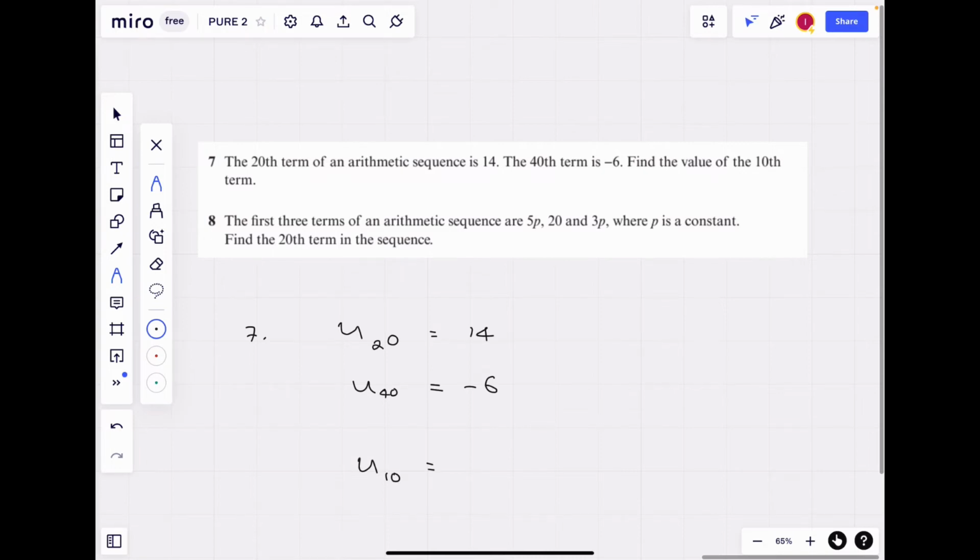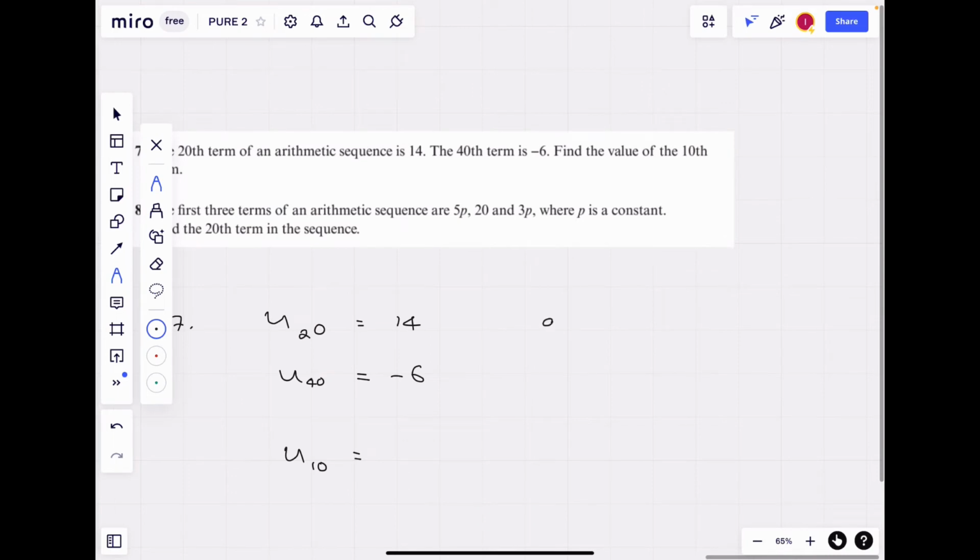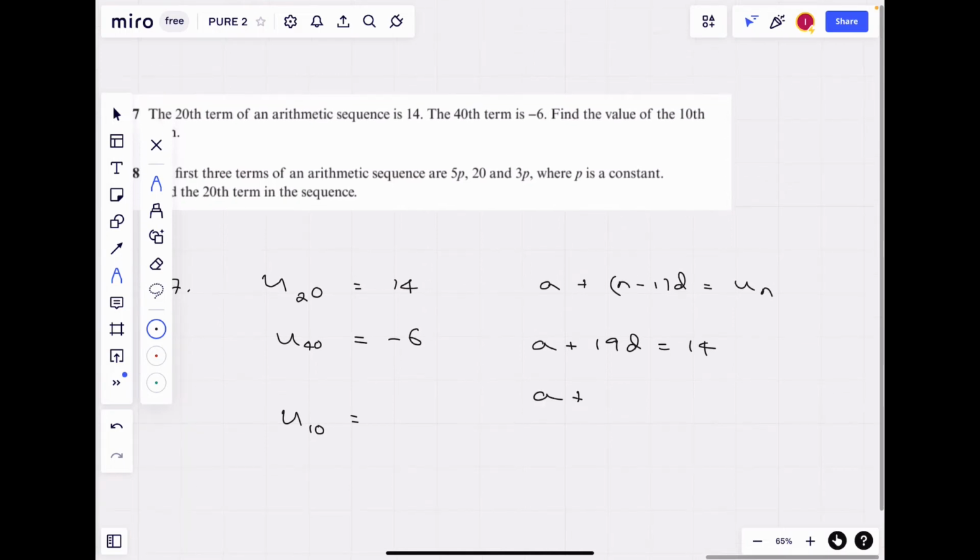Okay, so here is how we can work out u10. What you can do is use a plus (n minus 1)d, but we can now use our substitutes. a plus (20 minus 1)d equals 14. a plus (40 minus 1)d equals minus 6.